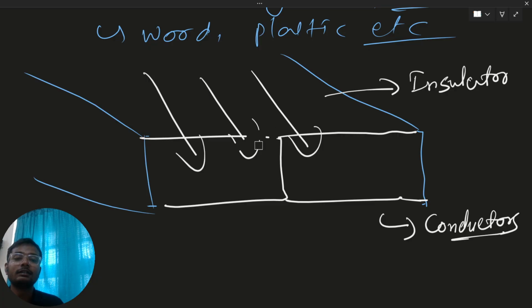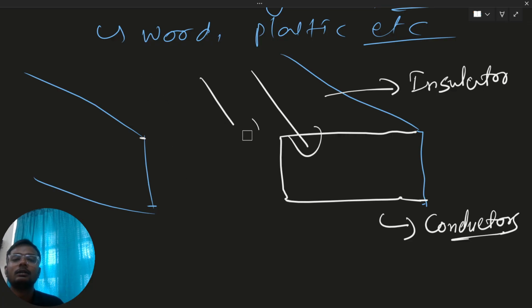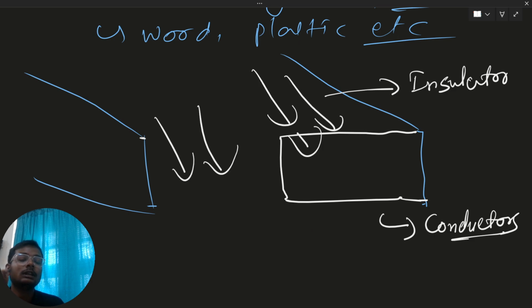Acha, what if half of the gate is open? In that case, what will happen? Some of the students will be able to go from here, others will not. It's not like a stopping, but that flow will not be there.